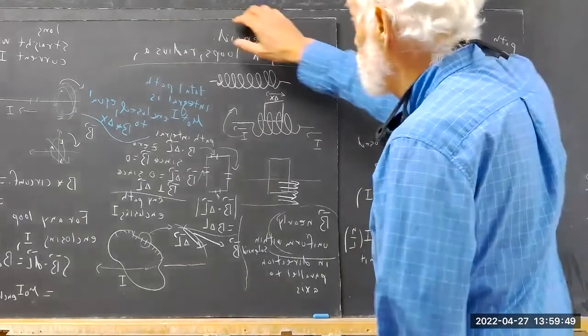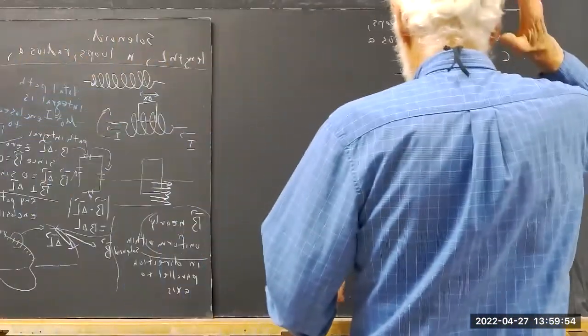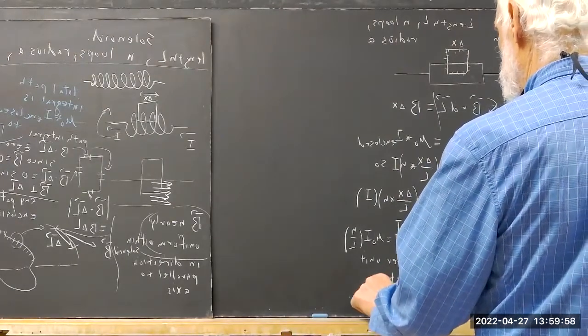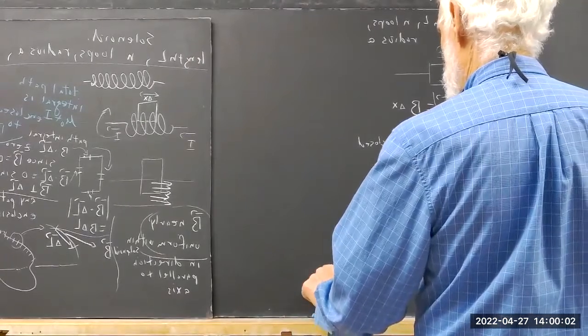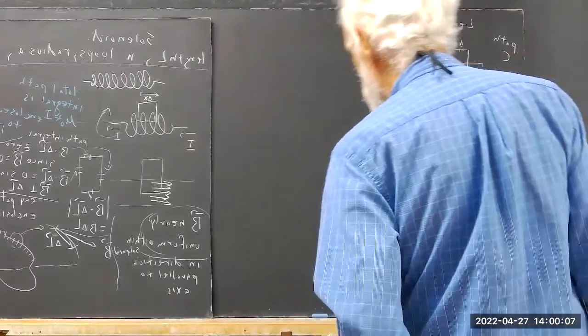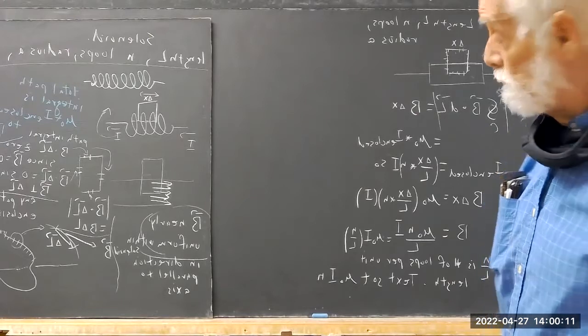Your text gets mu naught I times n. No L involved.